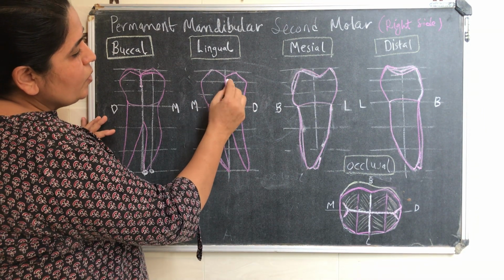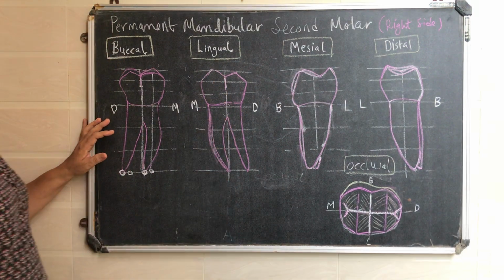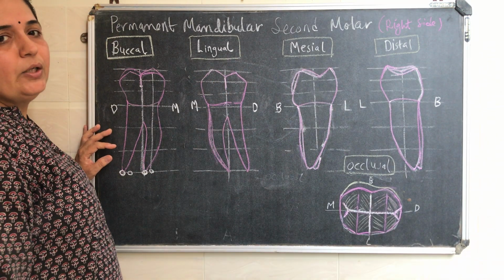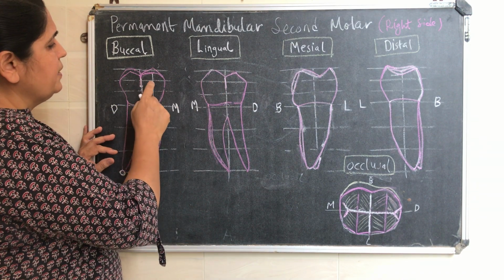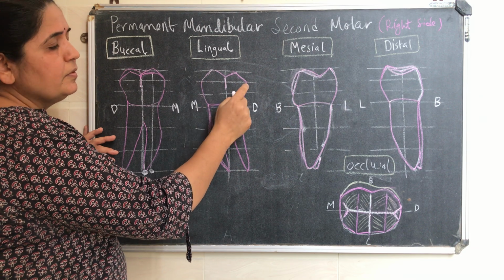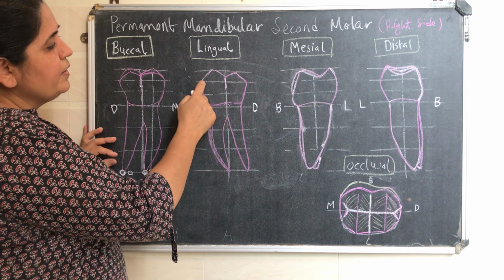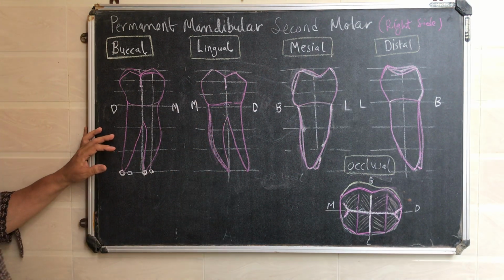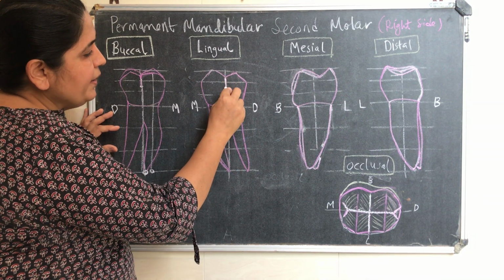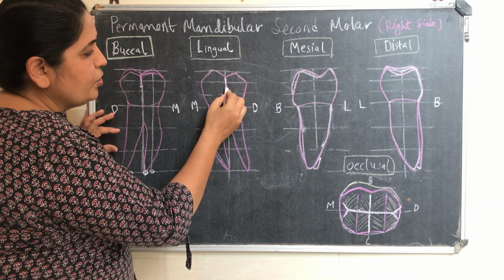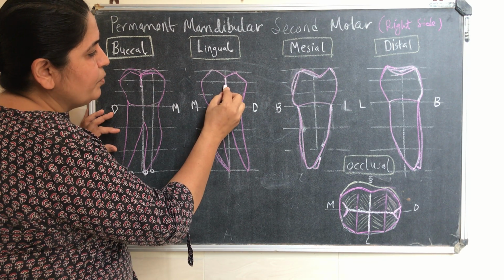Between the two lingual cusps, there is another developmental groove. This is the lingual developmental groove. Here you can see that all four cusps, their mesiodistal width is almost equal. The lingual developmental groove is again a very short groove and it ends in the middle 1/3 portion.